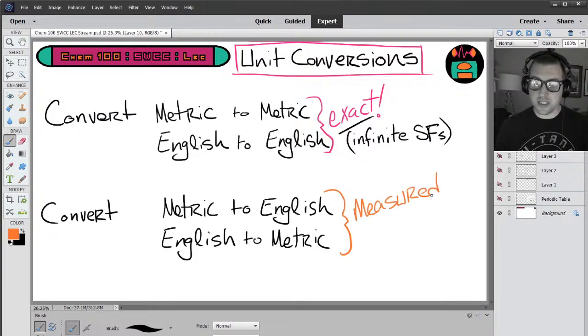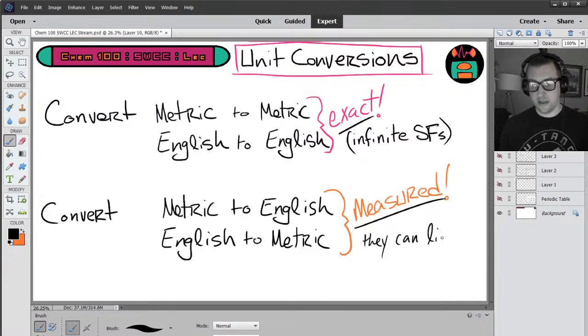These unit conversions are measured. And that means they have the potential to limit the sig figs in your answer.